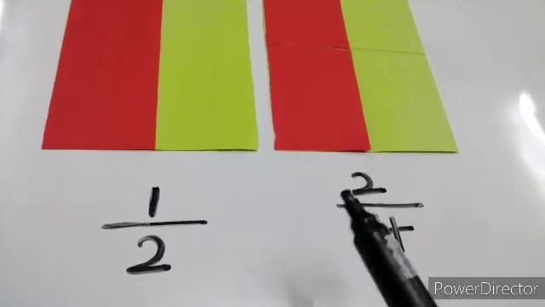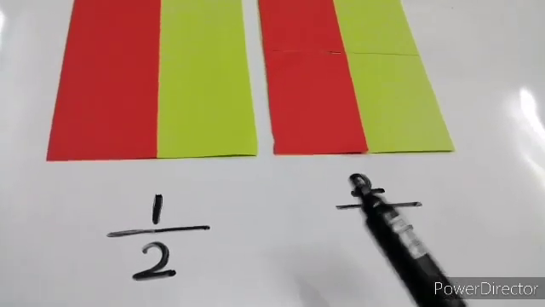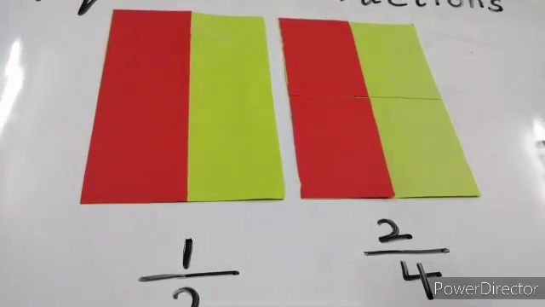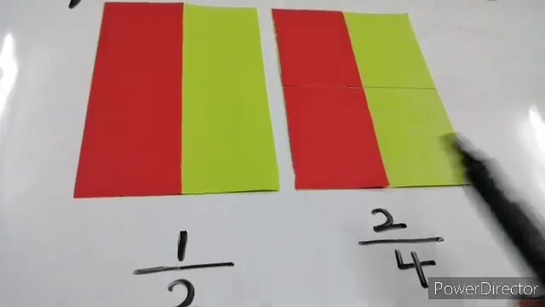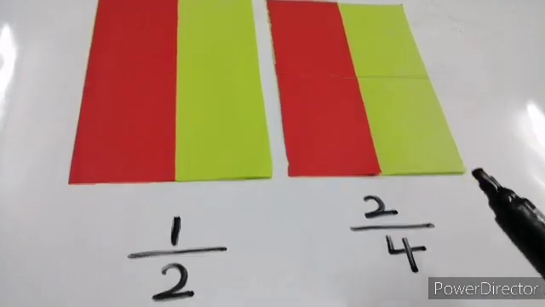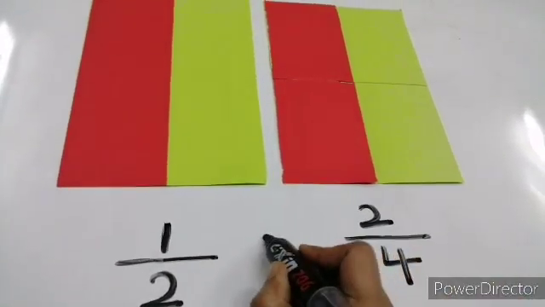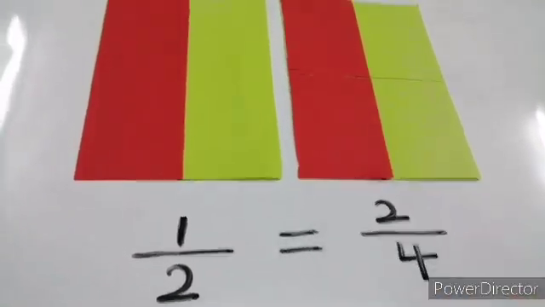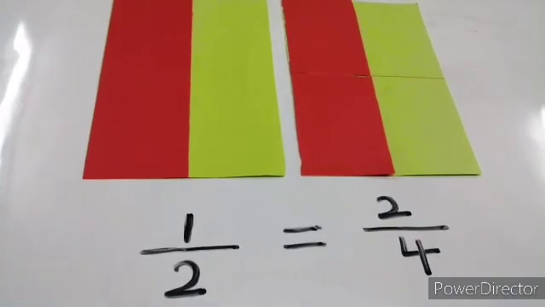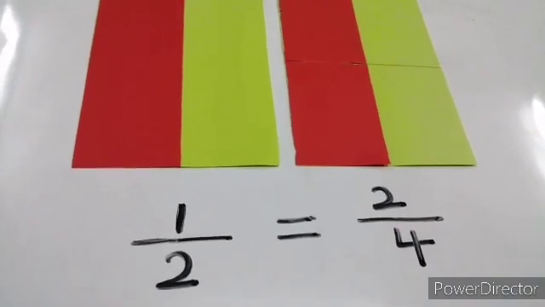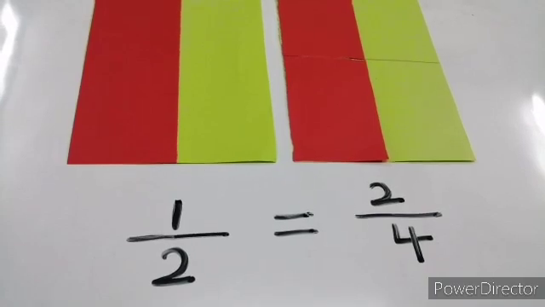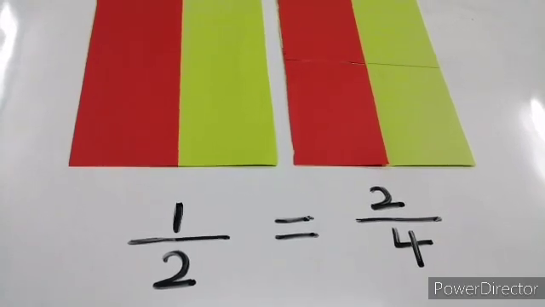The denominators are also different. But the value of both the fractions are equal. So they are called equivalent fractions. 1 by 2 is equivalent to 2 by 4.